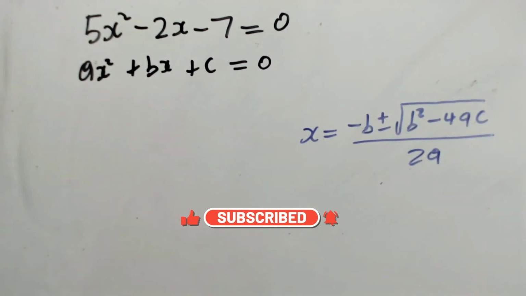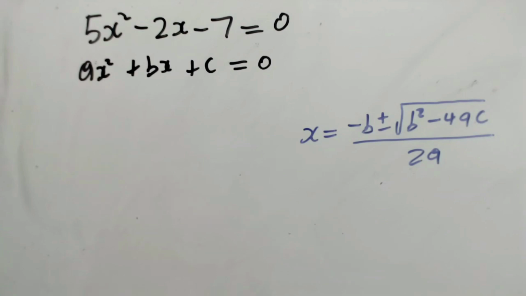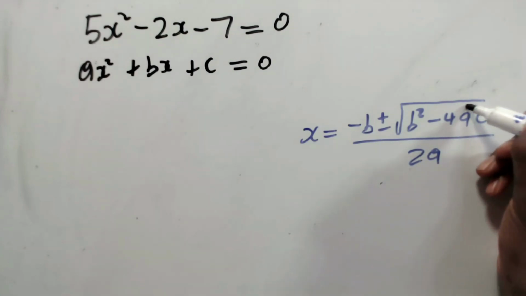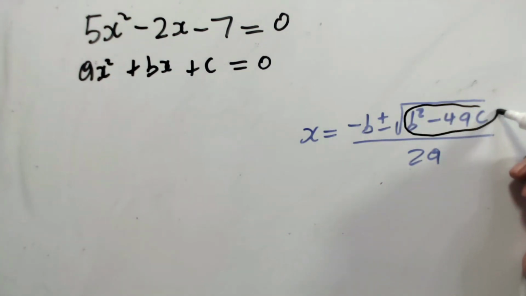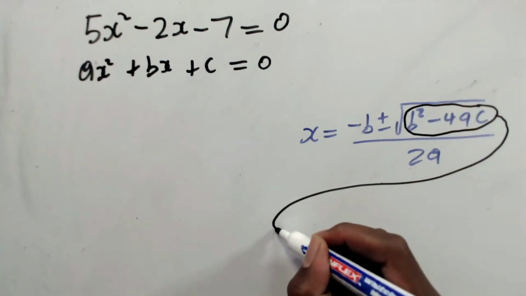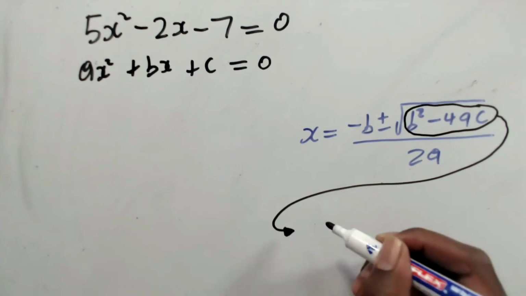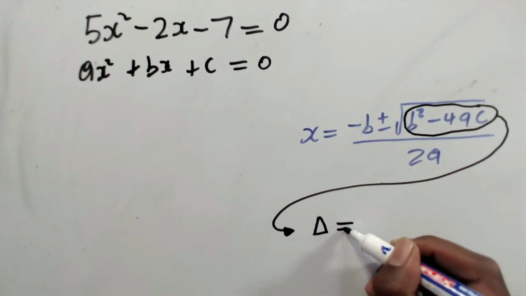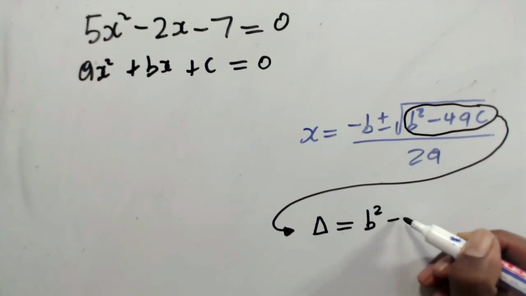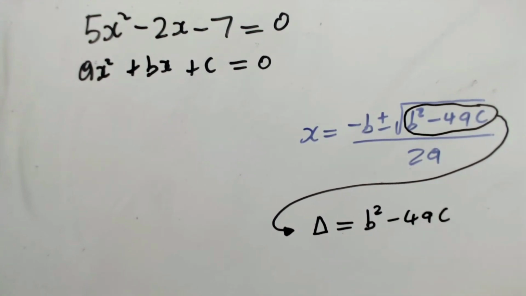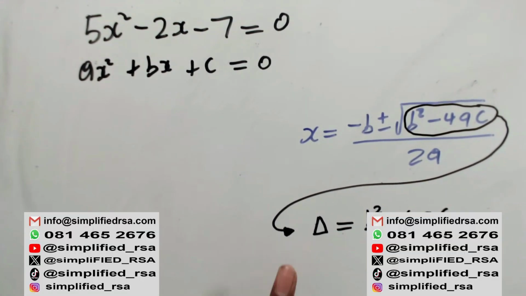And whenever you have to analyze the nature of roots, we analyze this part here and we call it our delta, such that delta is equals to b squared minus 4ac. This is the part we want to analyze.